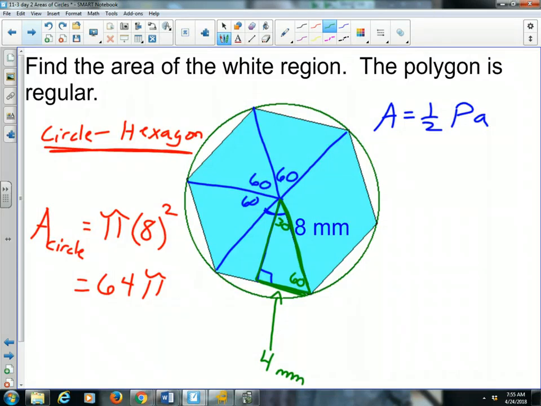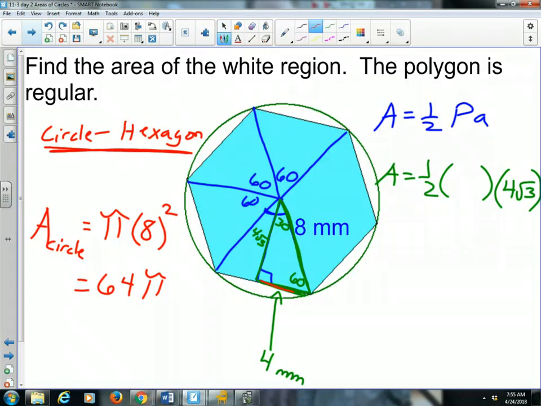Okay? And then opposite the 60 is the shortest side times the square root of 3. So this side right here, my apothem is 4 root 3. So area equals 1/2 perimeter times apothem. My apothem is 4 root 3. So now what's my perimeter?